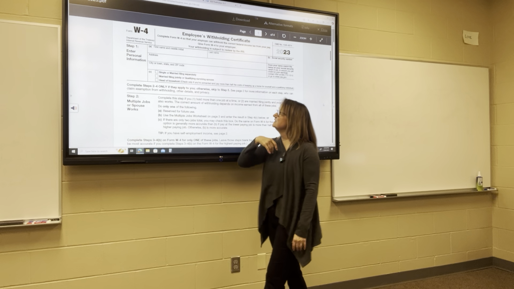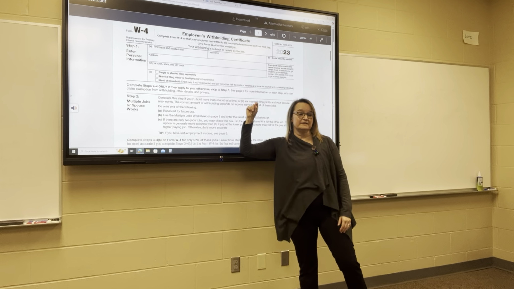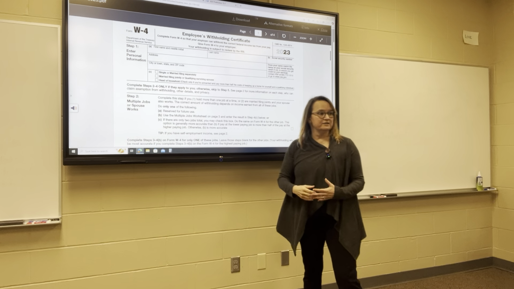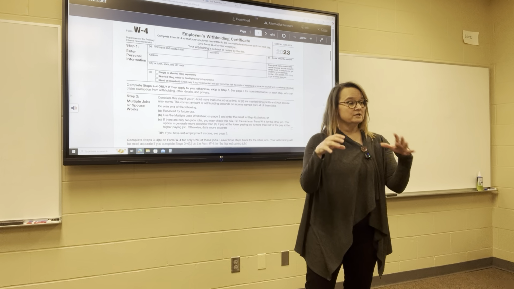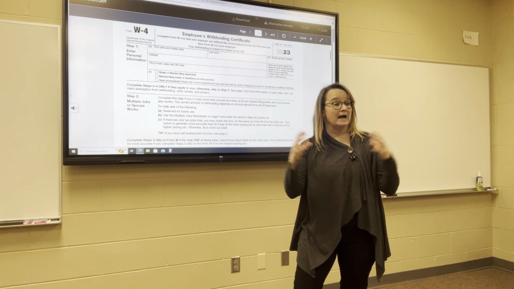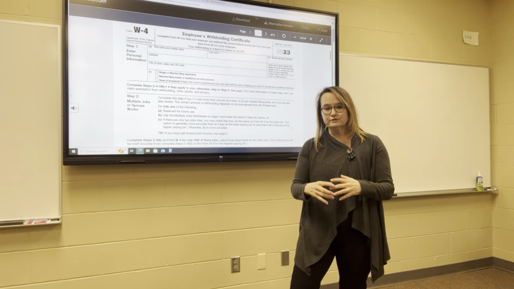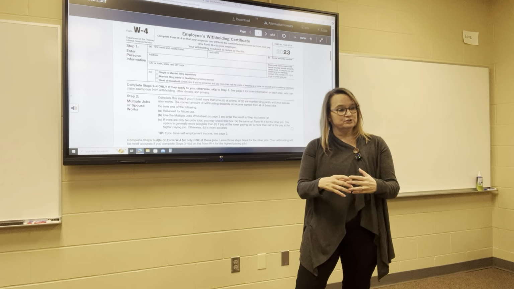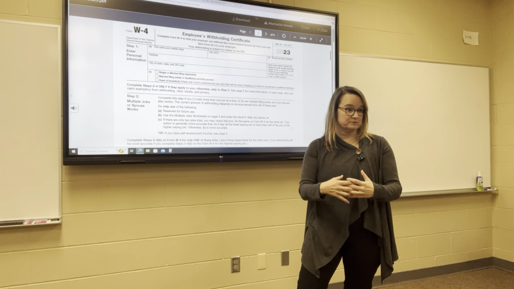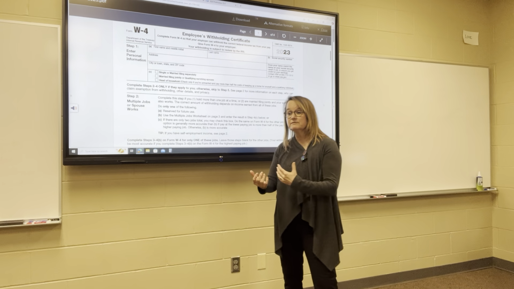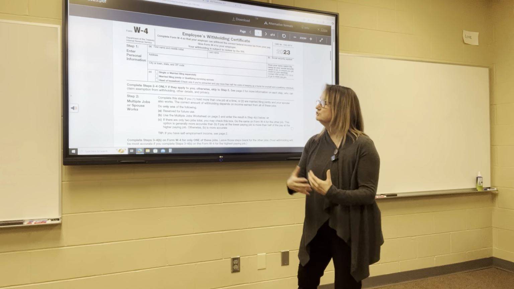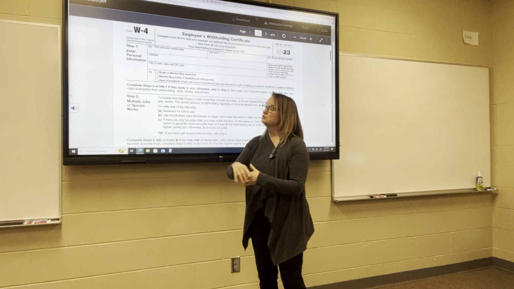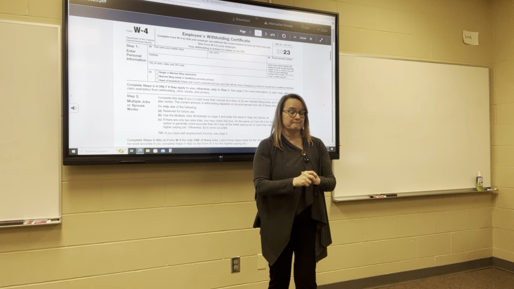Second one, married filing jointly or qualifying surviving spouse. Married filing jointly, again, this is someone who is married, but they choose to file jointly together, meaning they combine all of their income and all of their expenses together on their individual income tax return with their spouse. That is for married individuals, that's the most common filing status, but you do see some individuals filing as married filing separately.